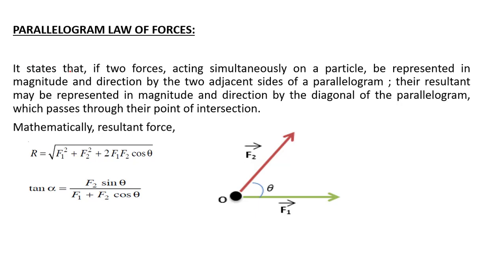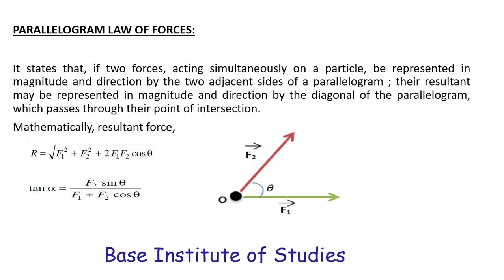It states that if two forces acting simultaneously on a particle are represented in magnitude and direction by the two adjacent sides of a parallelogram, their resultant may be represented in magnitude and direction by the diagonal of the parallelogram which passes through their point of intersection.